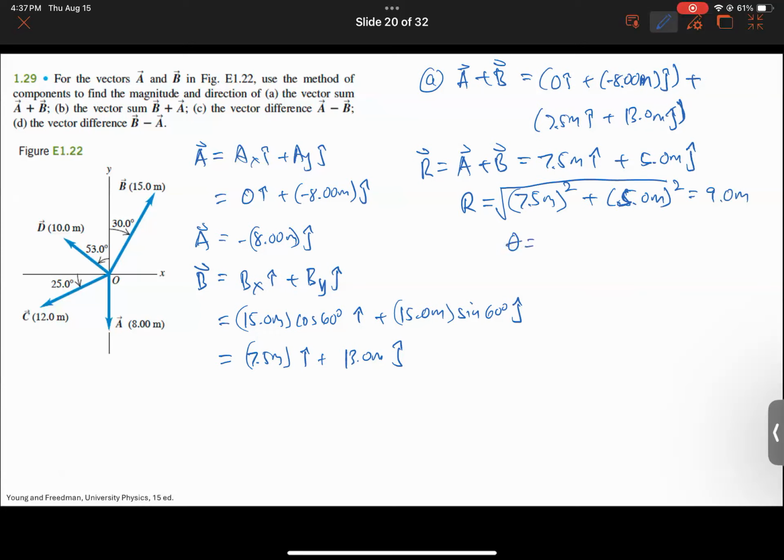And yung angle is just a tangent inverse ng 5.0 meters divided by 7.5 meters, which is 34 degrees. Makikita nyo na consistent yan dun sa solution natin kanina.